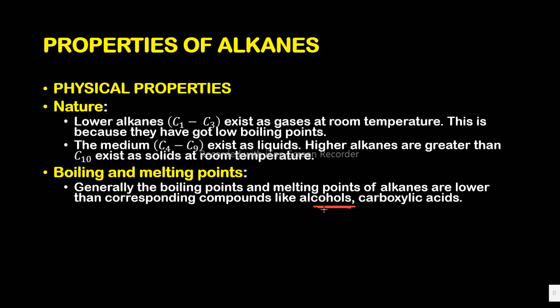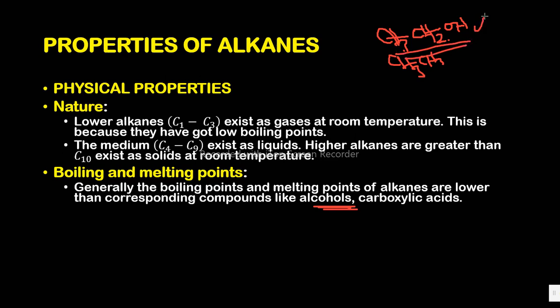If you compare an alcohol with 2 carbon atoms and an alkane with 2 carbon atoms, this is CH3, then this is CH2. We shall see that this is ethanol, sanitizer, the one you like taking.